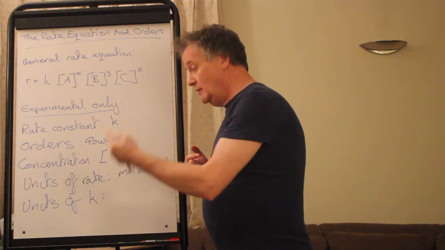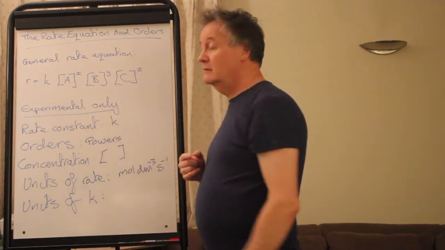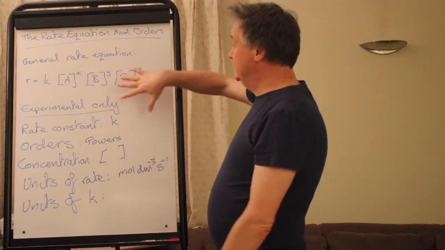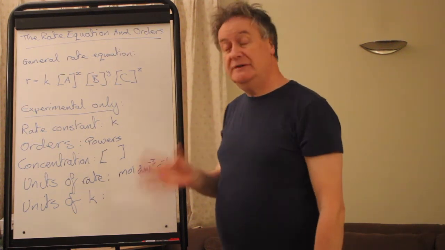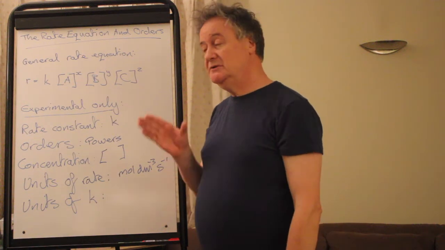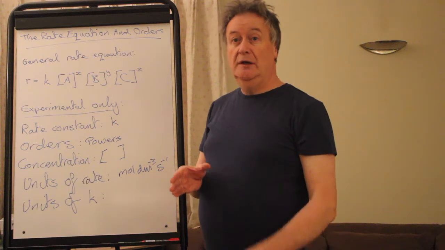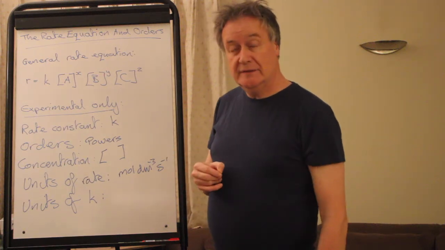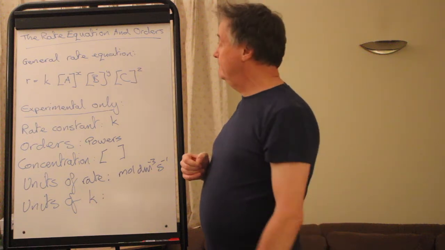That would give you some units for the rate constant. If it was just a single chemical with a 1 and B and C weren't there, then it would have different units. So you have to be able to derive the units for the rate constant. We'll do a bit of that as we get further into our video today.